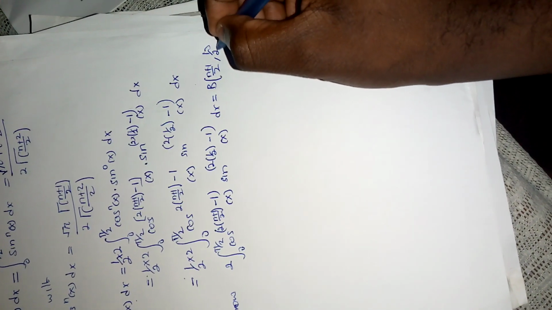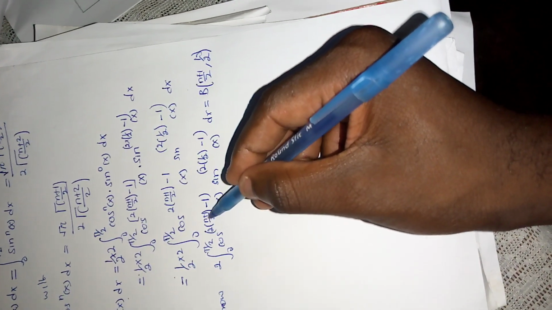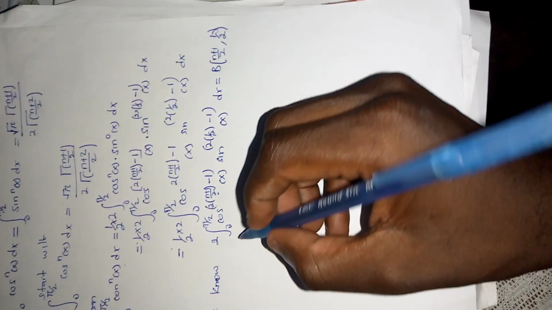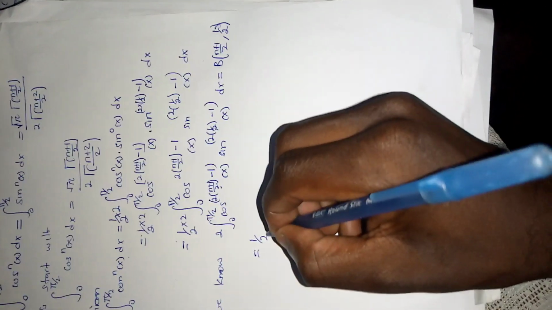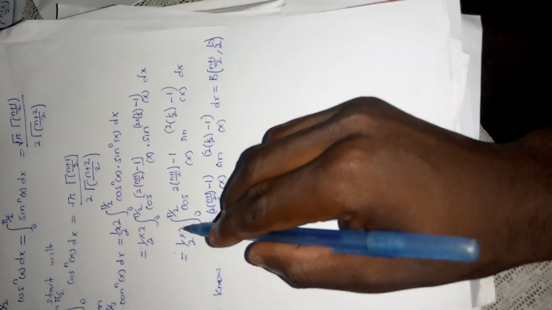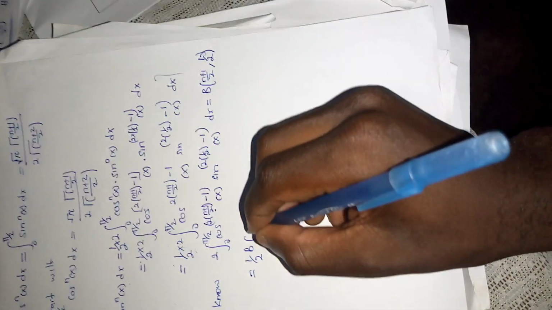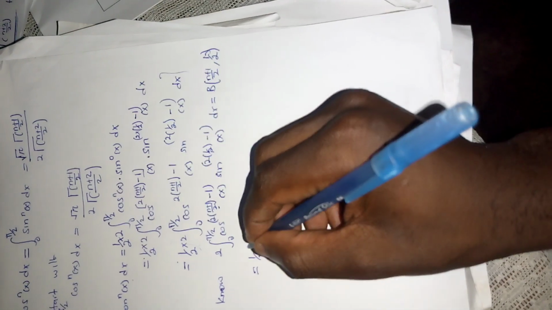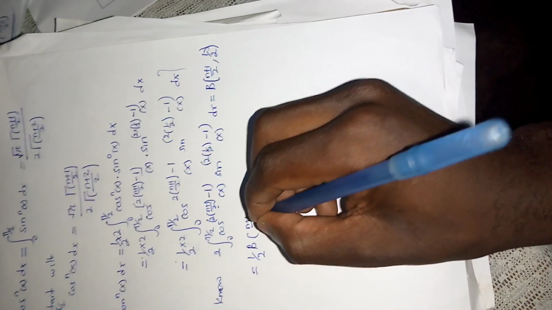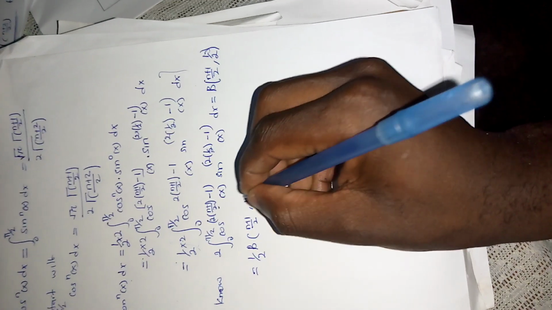We just pick this and this from that function of ours. Later we shall see what the function is. Therefore it is going to be like a half into beta of (n plus 1) over 2 and a half.